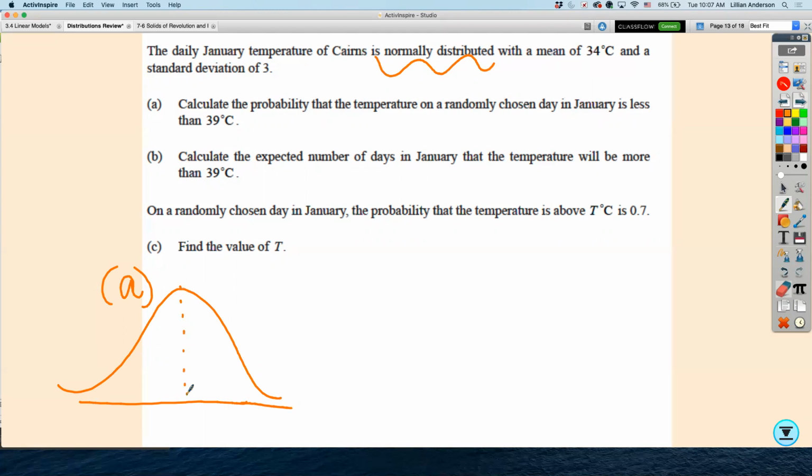Well, if my mean is 34, 39 degrees lies on the left or the right of the mean? The right, okay? And we're trying to figure out that it's less than this. What I'm drawing gives you your method points for these normally distributed problems, because you can't write out the calculator notation of normal CDF. That picture, though, shows that you know exactly what you're doing.